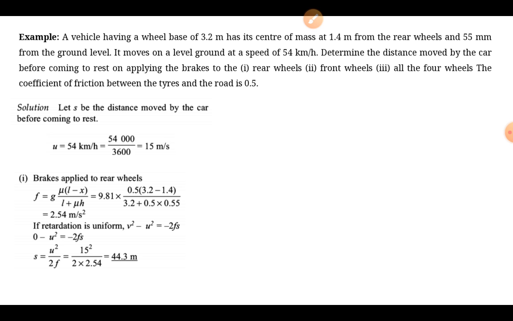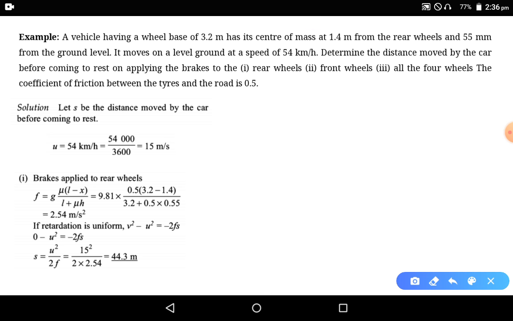So let's put v equal to 0, u as 15 meters per second, and the value of f you have already found, and s you need to determine, right? From this formula you will get s as 44.3 meters. So this was the first case when brakes were applied on the rear wheel only.